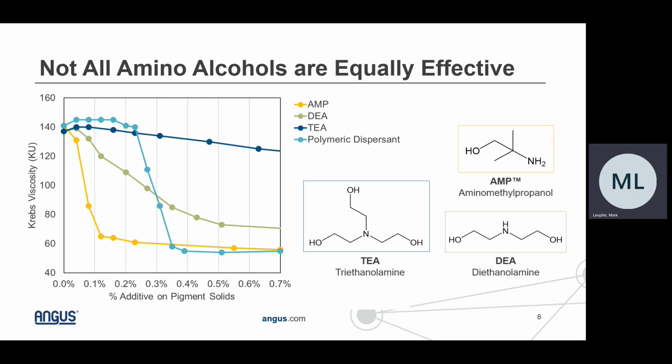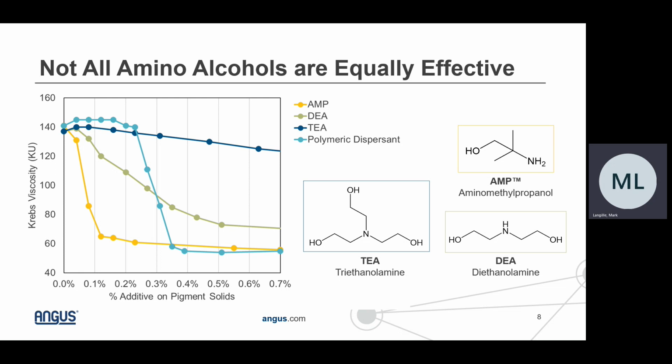When you look at these curves, triethanolamine really lacks the ability to effectively disperse pigments, while diethanolamine shows some desirable performance, but it's not nearly the efficiency of the polymeric dispersant. And of this set, aminomethylpropanol has far and away the most effective pigment dispersion properties.